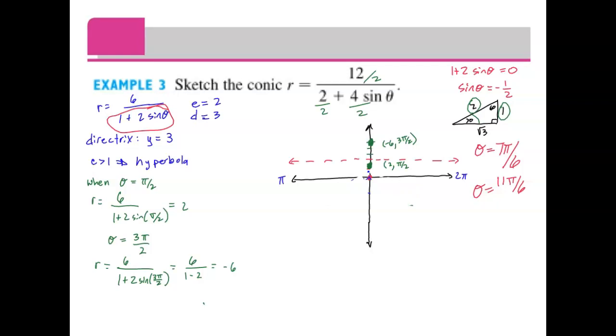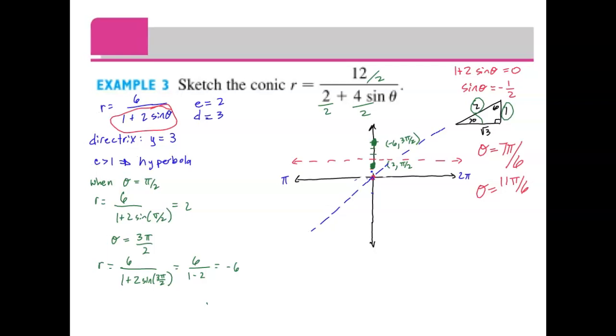So I'll just graph those. 7 pi over 6 is something down here. Oh, and you know what? I'm sorry. That's not actually how I should do it.